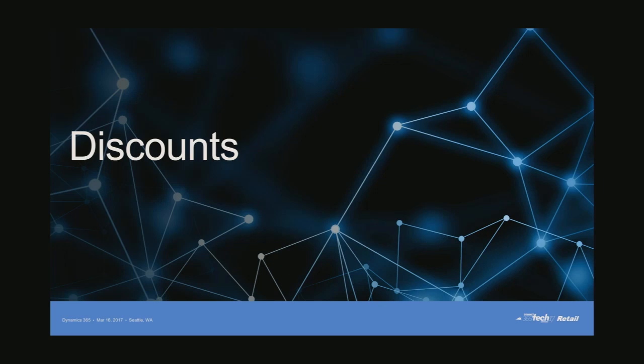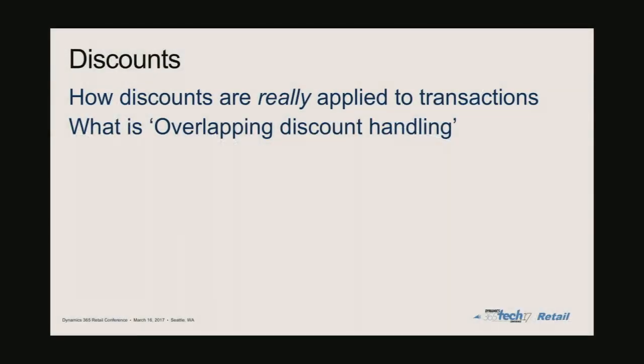I'm going to move now into discounts for a little bit, and again, just an overview on the discounts. Two things I want to cover. One is a revisit of how discounts are applied to transactions, so this is a look at the priority and the concurrency model.